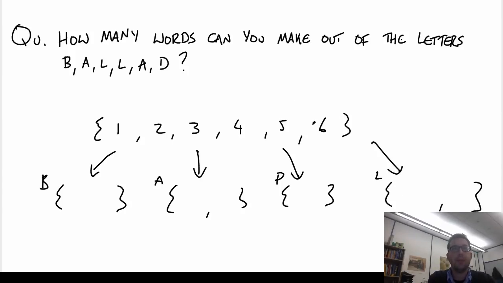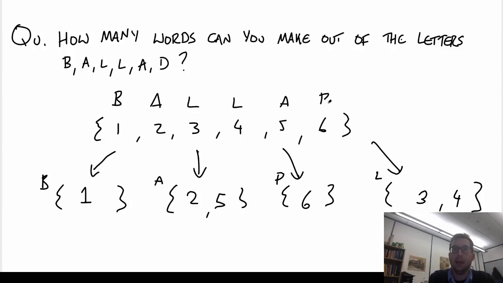Notice if I gave, for example, the first digit to be a B, the second and the 5th digit to be an A, the last digit, digit 6, to be a D, and the 3rd and 4th digit to be an L, that would correspond exactly to the ordering where we got B, A, L, L, A, D. So you can imagine we're dealing out the digits.